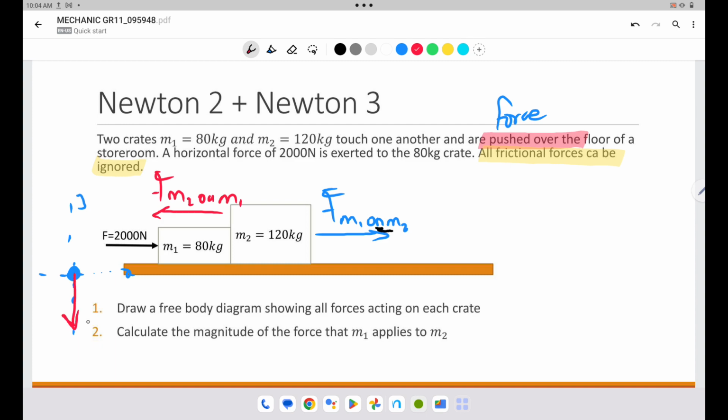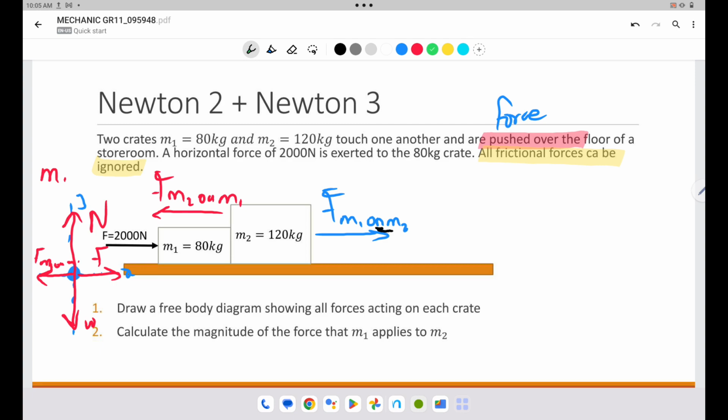Always vertically down, we have the weight. And we have a force on this M1, the force exerted by M2 on M1. We also have the normal force, perpendicular to the surface. And finally, we have that force applied, which was called F.